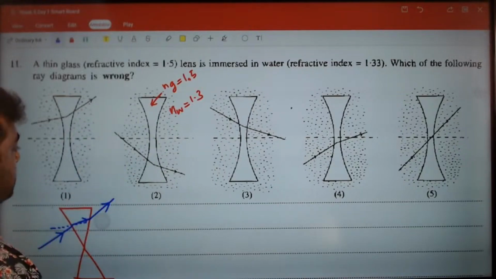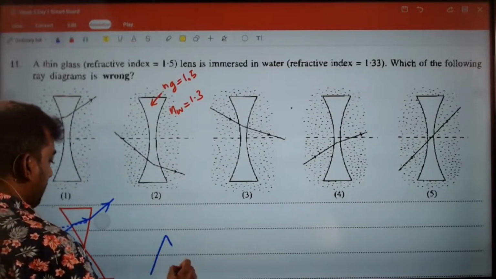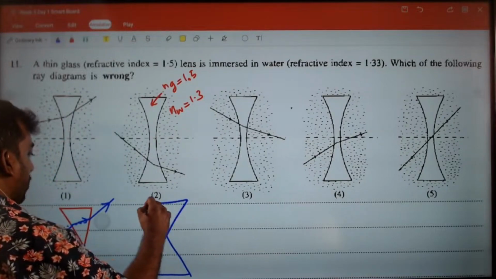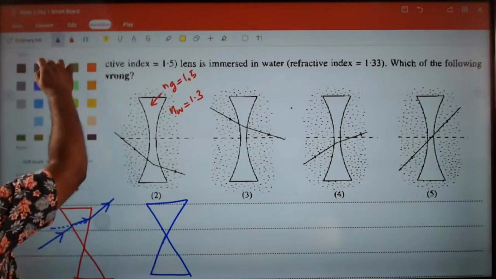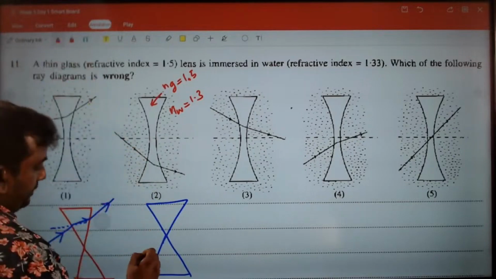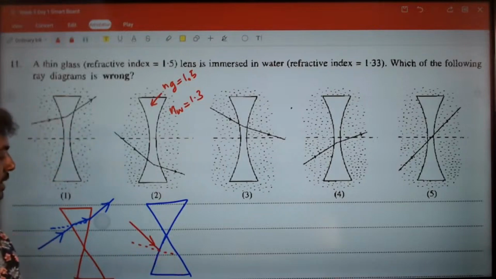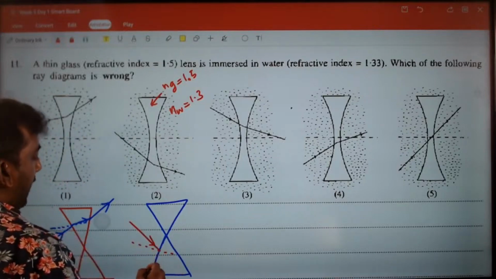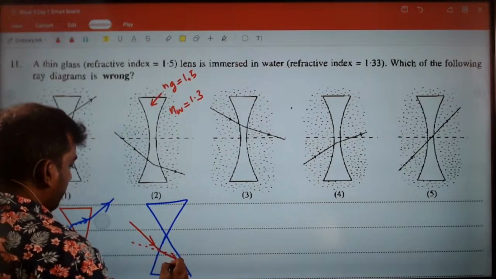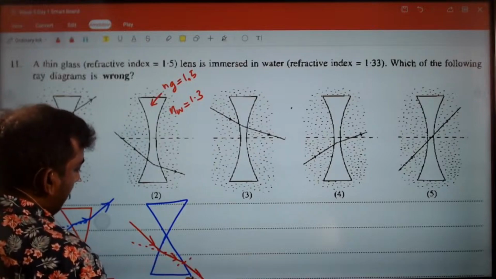Right. This one, bottom part of the prism. If you look at this carefully, here you go. Rarer to denser, towards the normal. Denser to rarer, away from the normal.